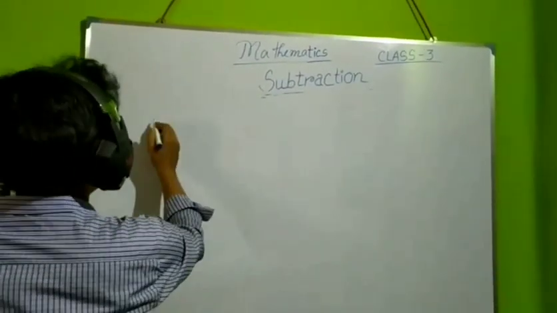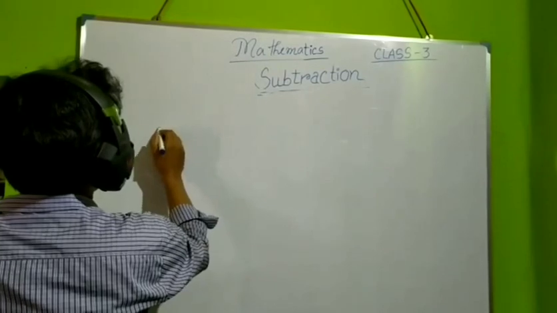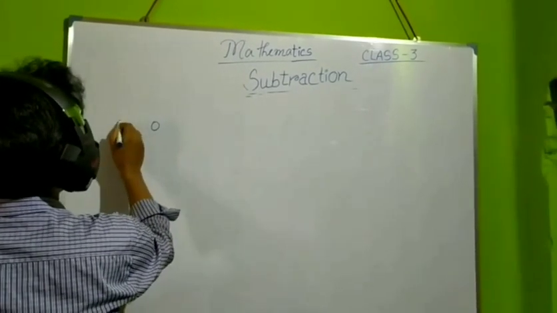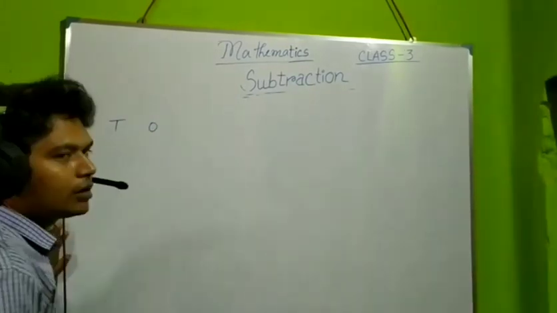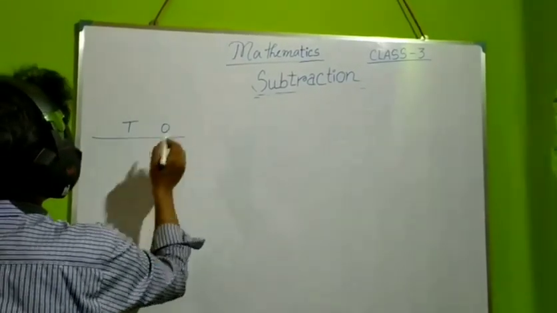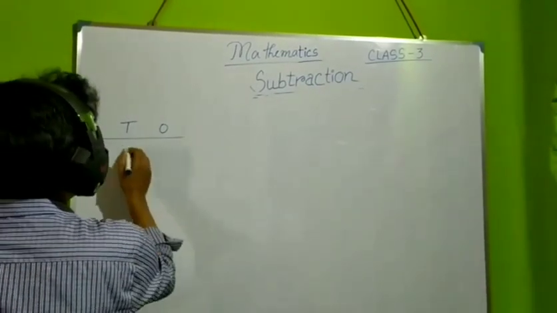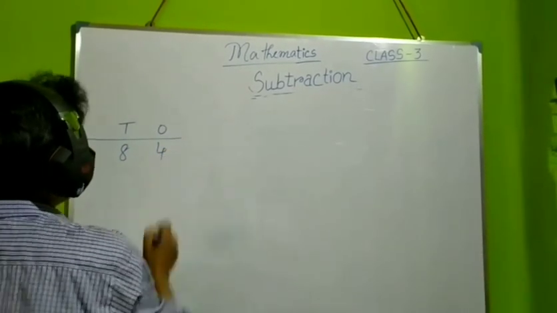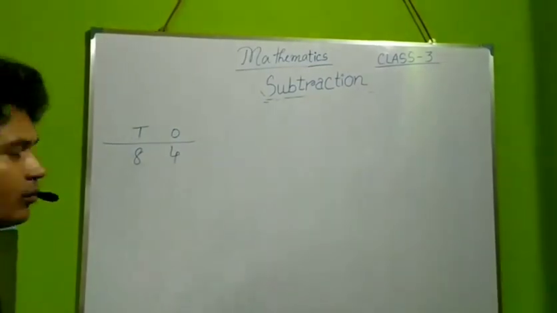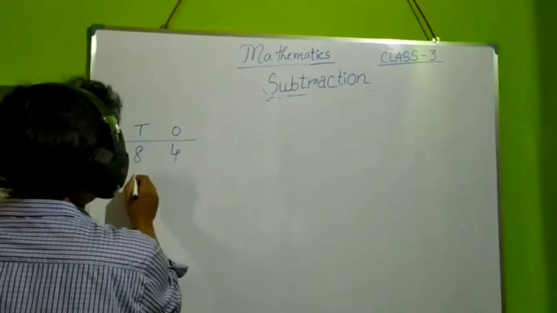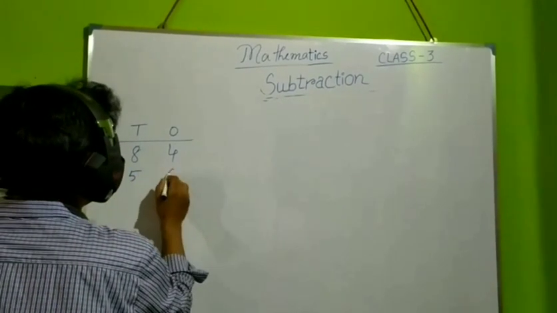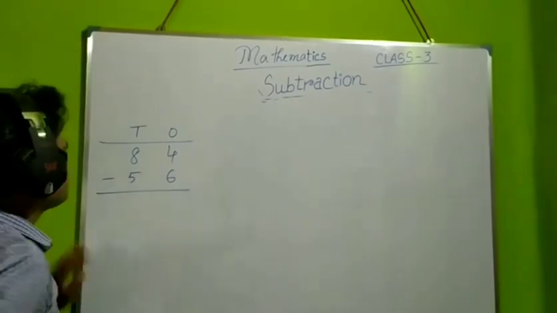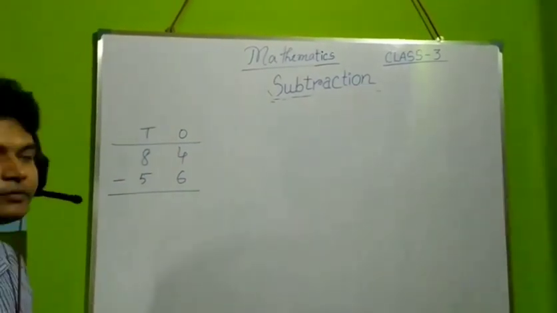At first you mention the places, ones and tens. Then you write down any number, suppose 84. Then you write down another number, suppose 56. Then you put the minus sign for the subtraction.